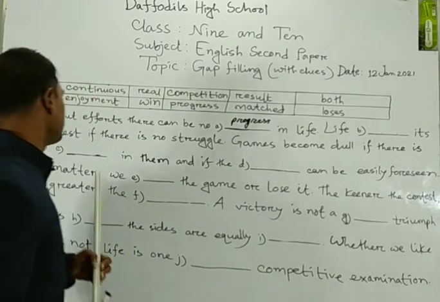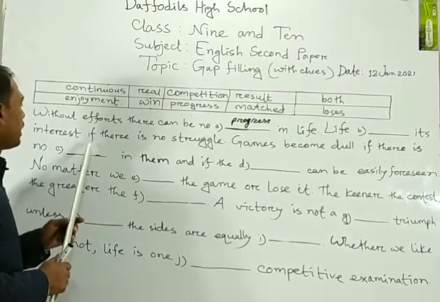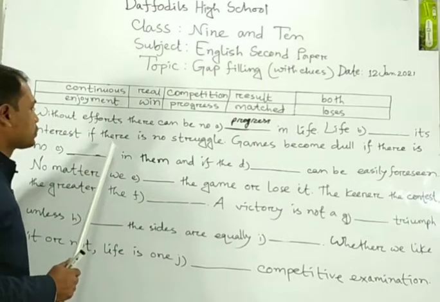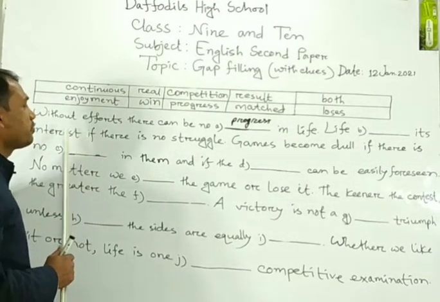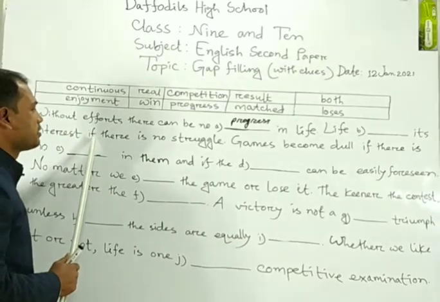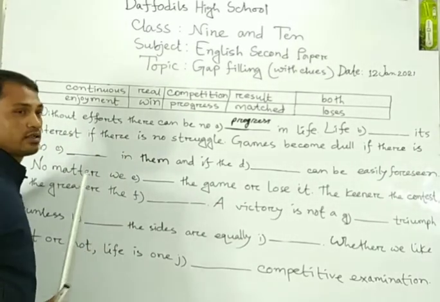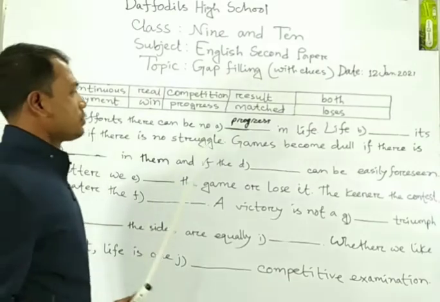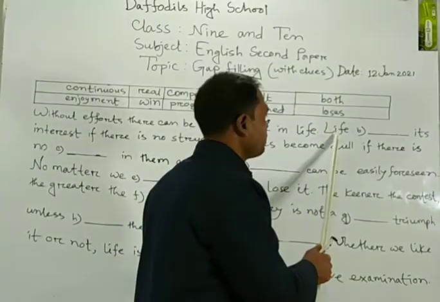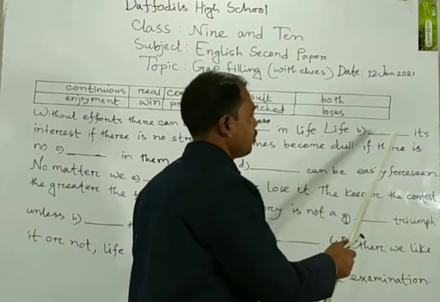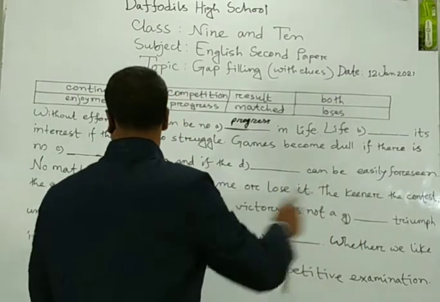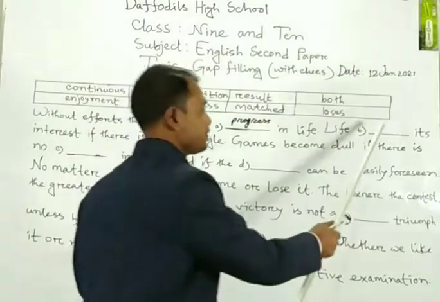Look at this sentence. If has been used here, and this if is a conjunction. So there is a clause before this conjunction and there is another clause after this conjunction. So life must be a subject of this clause and its interest is an object of this clause.